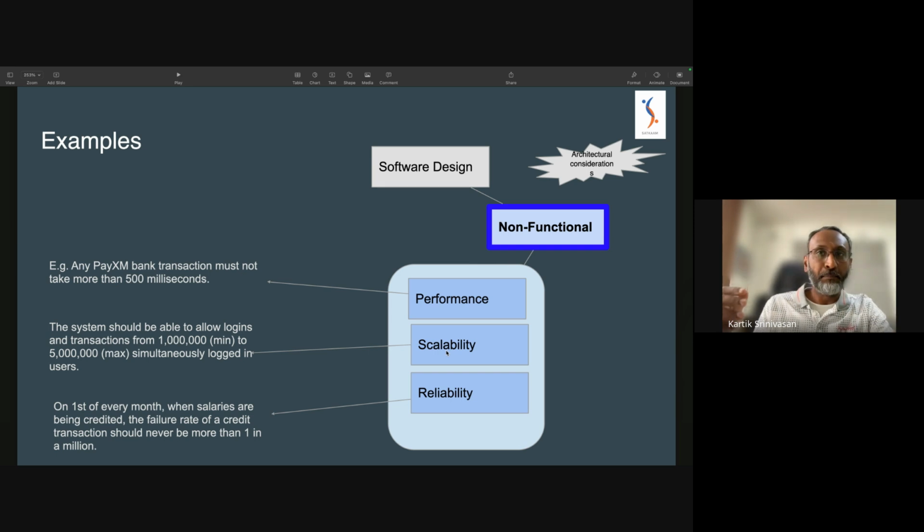But as an example, you can put up a figure and say it can't be more than 1 in 1 million, right? So this is the way that you look at the performance, scalability, and reliability requirements of the system. And this is a very essential part of non-functional requirements of software design.